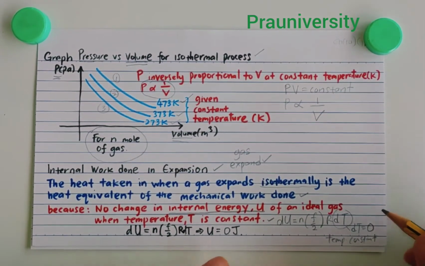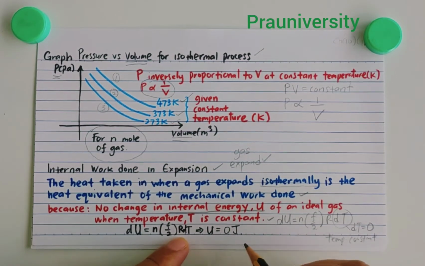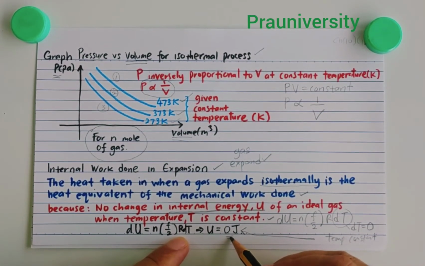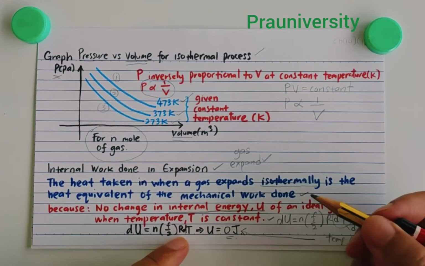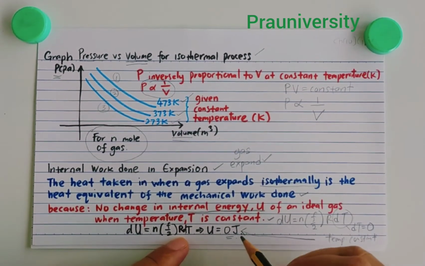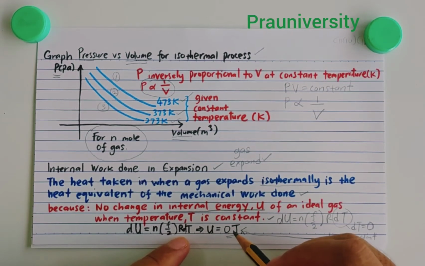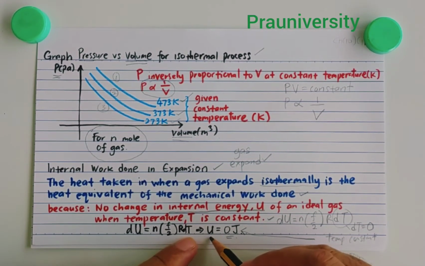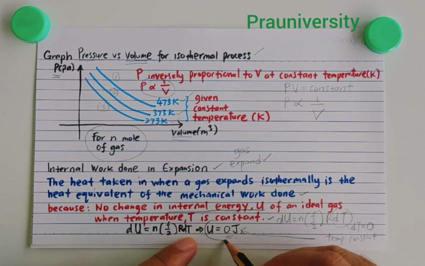So the change in internal energy is equal to 0 joule. That is the first thing we have for the isothermal process.